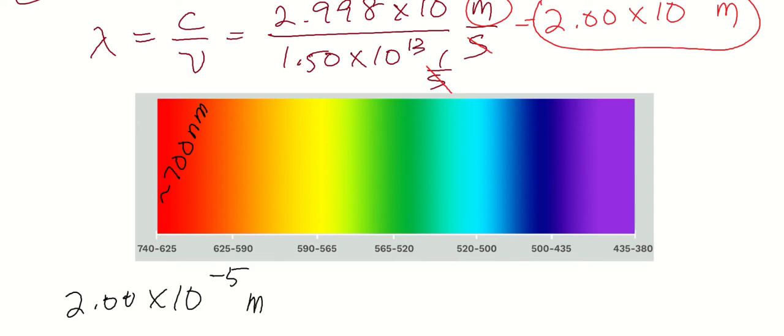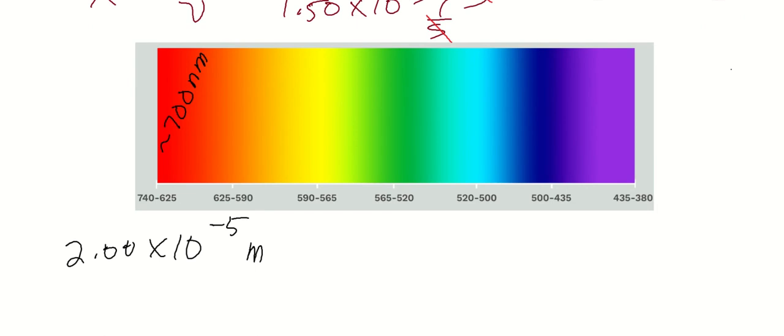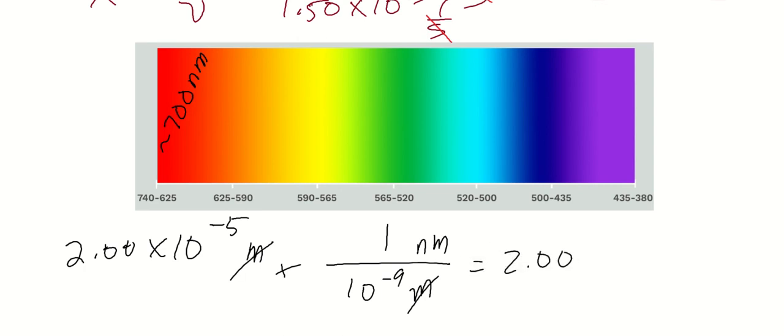We'll use a conversion factor, which is also in your reference sheet, between nanometers and meters. We need to set up a conversion factor to get rid of meters and end up with nanometers. 1 nanometer is 10 to the negative 9 meters. That's going to give us the same number, 2.00. Everything is the same.